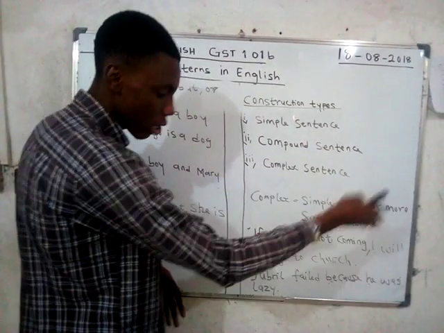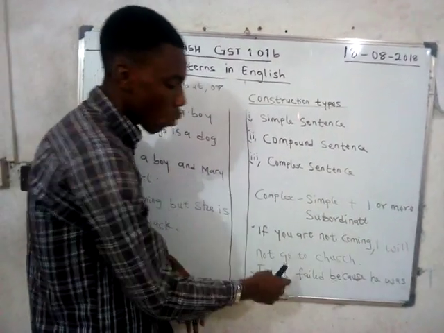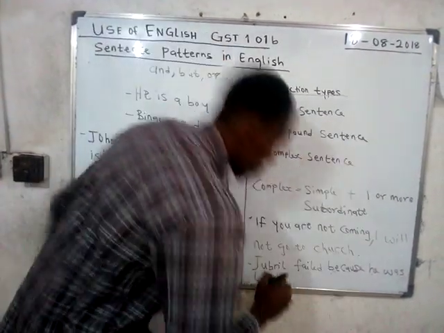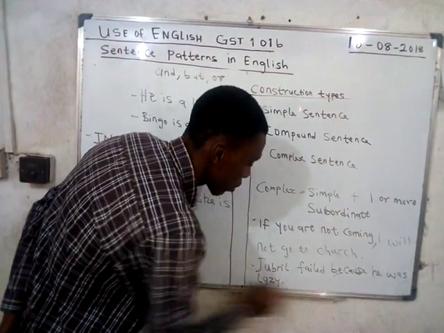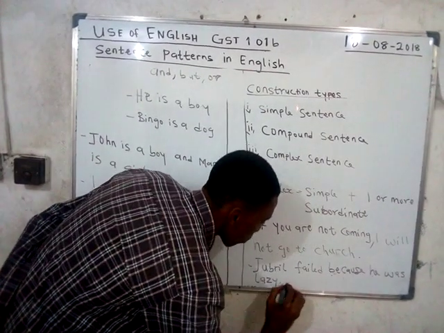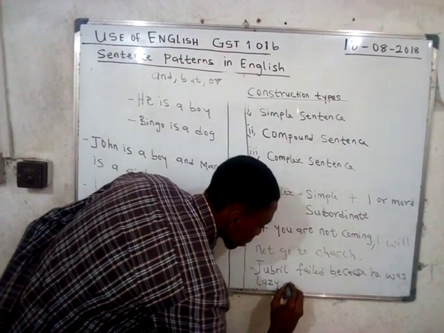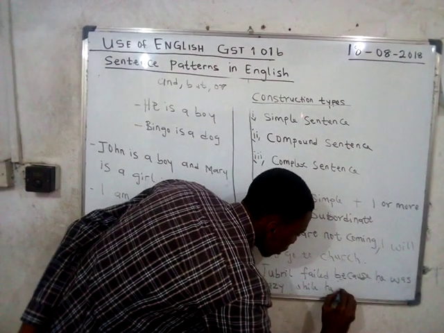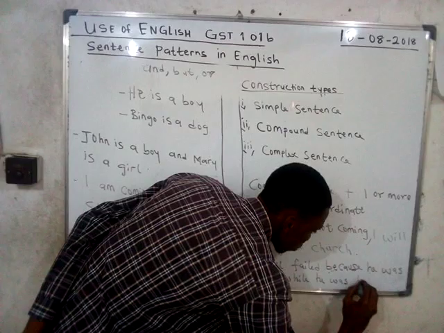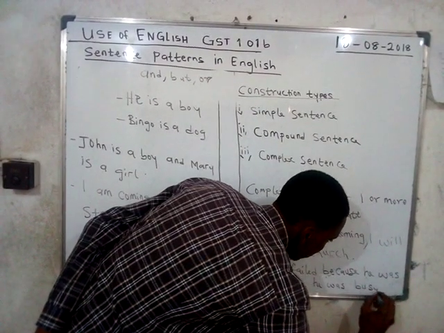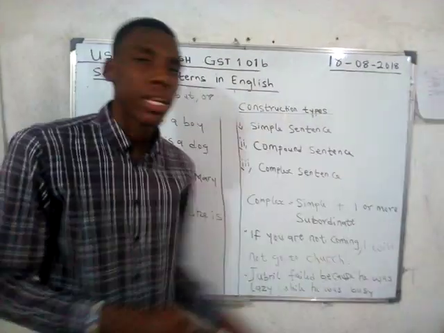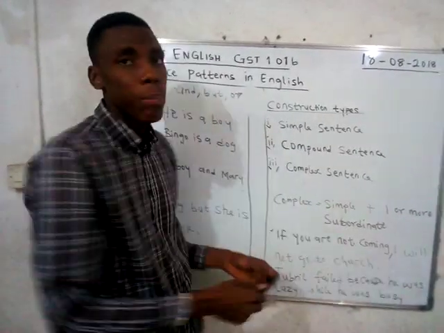Jubril failed because he was lazy while he was busy. This is another subordinate added to the initial one we have.